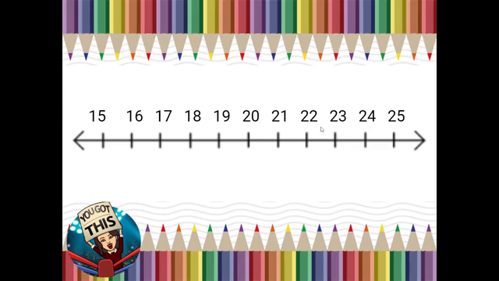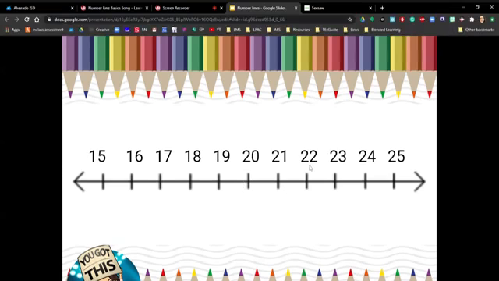So instead of starting with the very first number, I can just start with 15 and get to 25. So this will help you do lots and lots of work and lots of problems without having to write extra numbers.